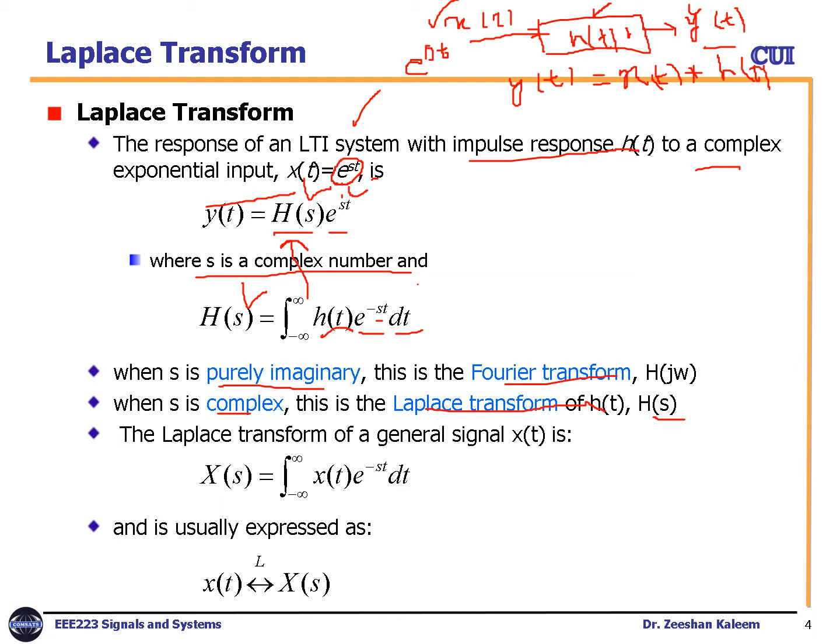The Laplace transform of a general signal x(t), if you generalize this, you can write X(s) equal to the integral of x(t) e^{-st} dt. As in the case of the Fourier transform, we wrote the integral of x(t) e^{-j omega t} dt, which is X(j omega). Whenever you take the Laplace transform of x(t), you will get X(s). So this is the Laplace transform.